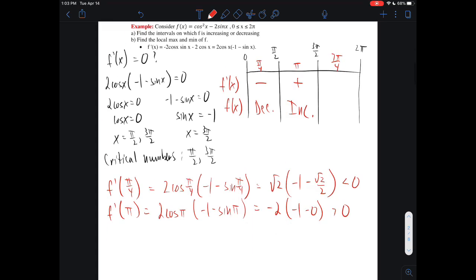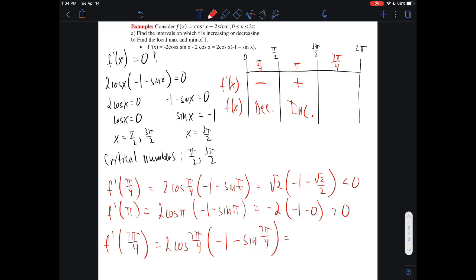And then finally at 7 pi over 4, cosine of 7 pi over 4, that's going to be square root of 2 over 2, but then times negative 1 minus sine of 7 pi over 4, that's going to be a negative.